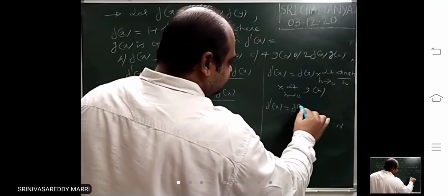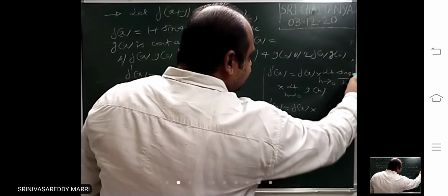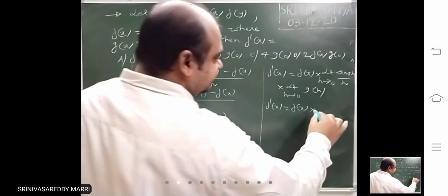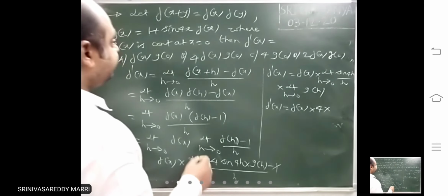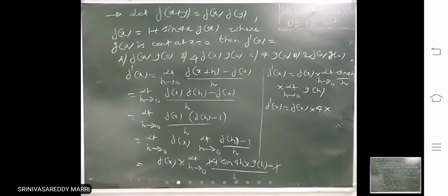So f of x into, multiply and divide by 4, the standard limit is 1. That value is 4.